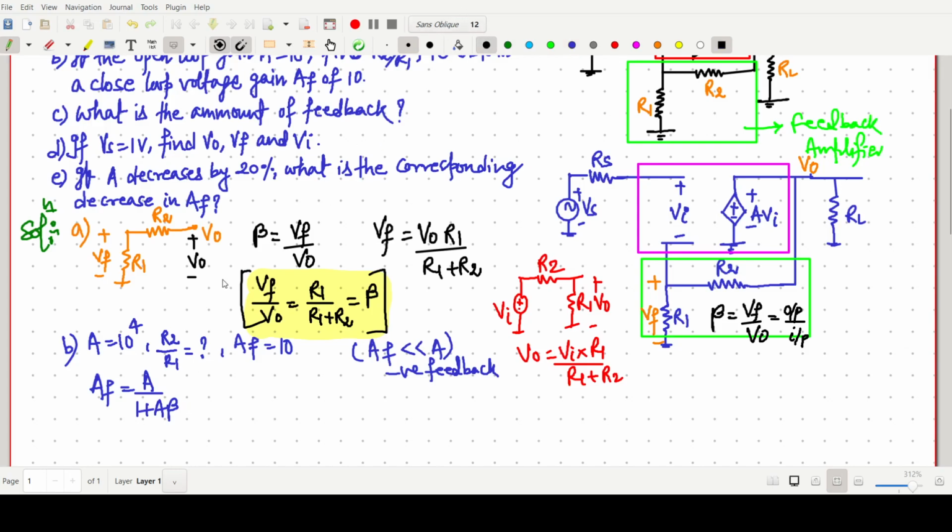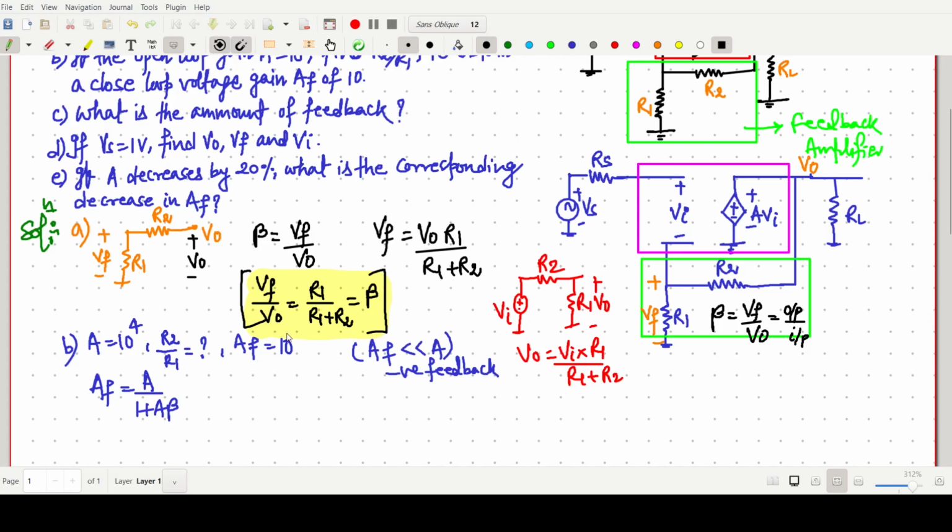From here we have to find the value of R2 by R1. Now beta is a function of R1 by R1 plus R2. So we will put this value, and then we can also find the value of R2 by R1.